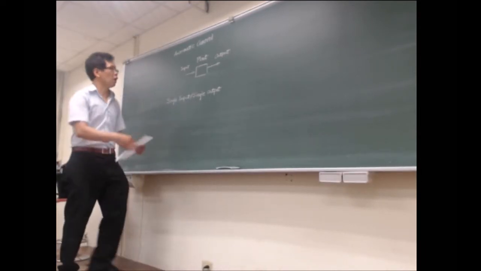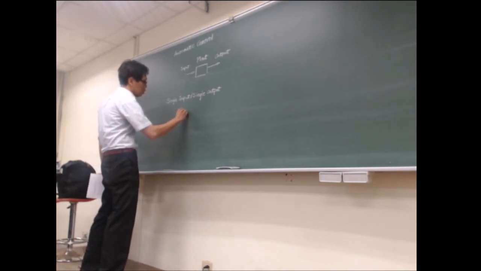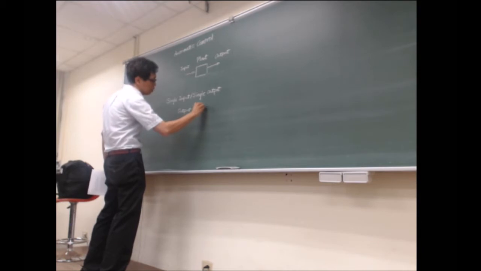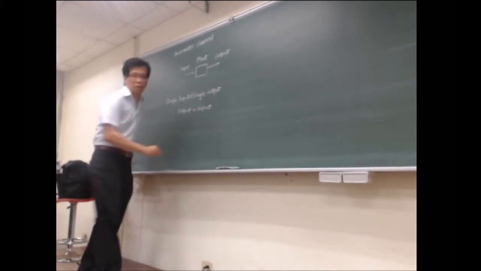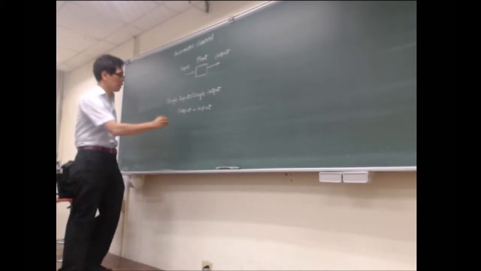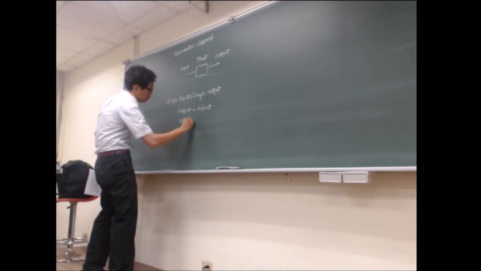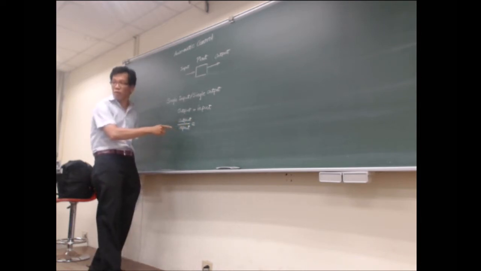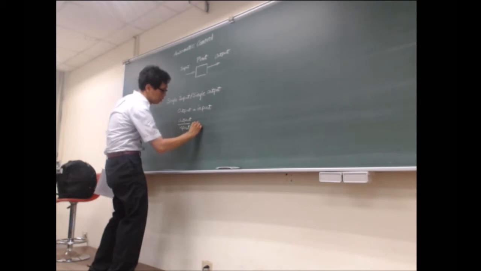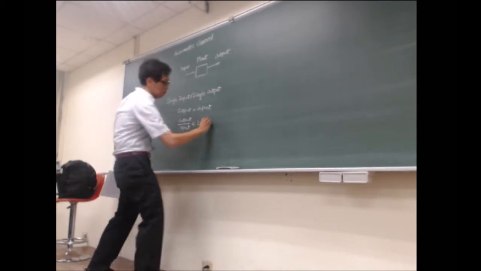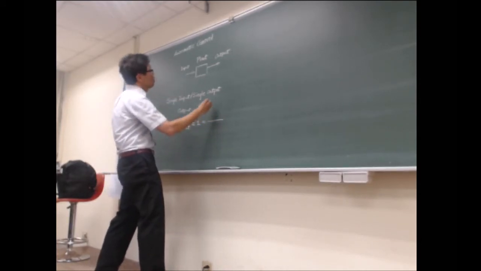Your goal is your output is the same as your input, right? So it means that if I put my output over input, what do I need? What do I want to have? 1. Which means you got your output functions.